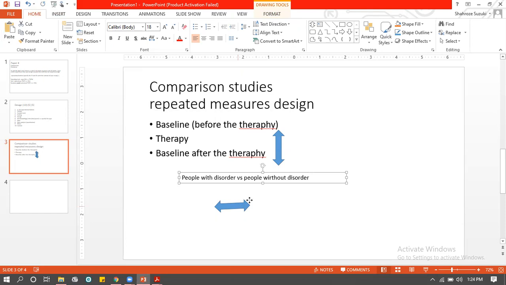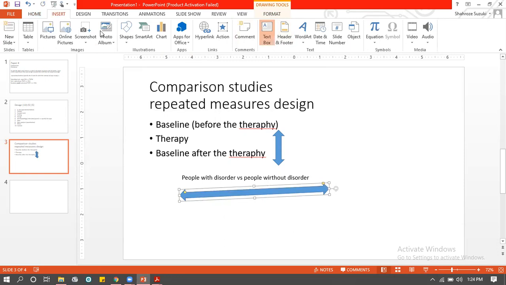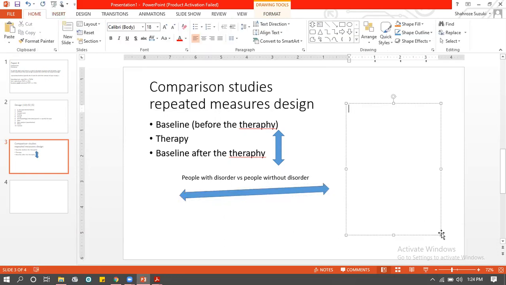These people are going to be in two different groups. So the comparison is happening between both of them. So that's a comparison question, and you know how it's going to be worded.